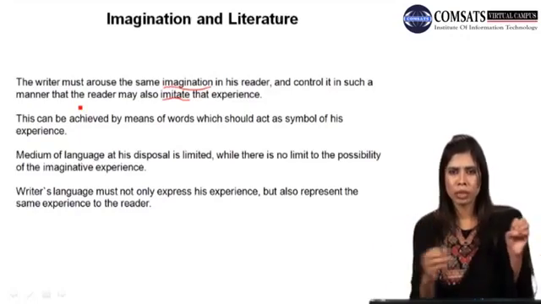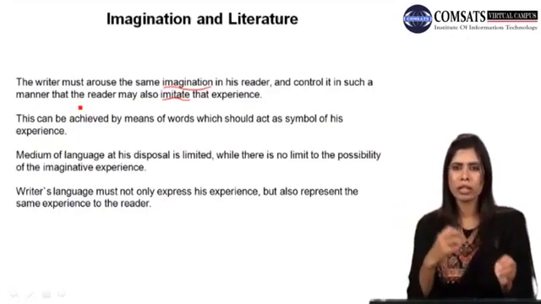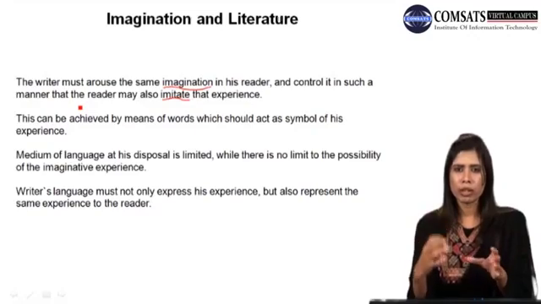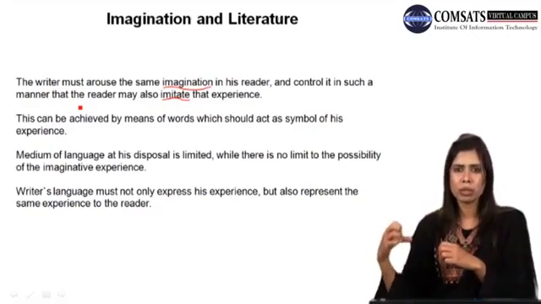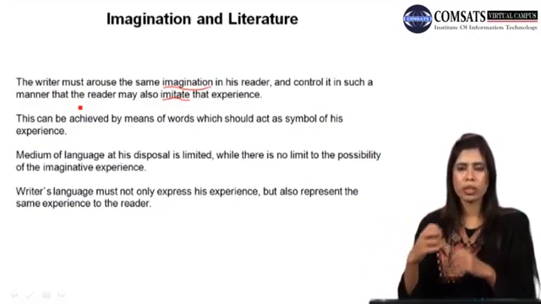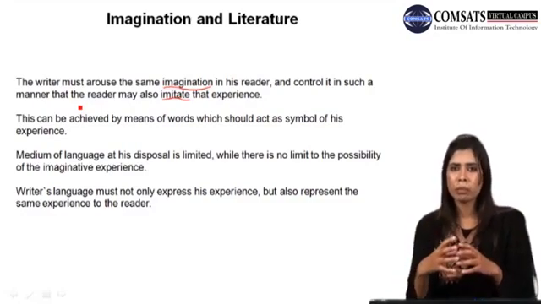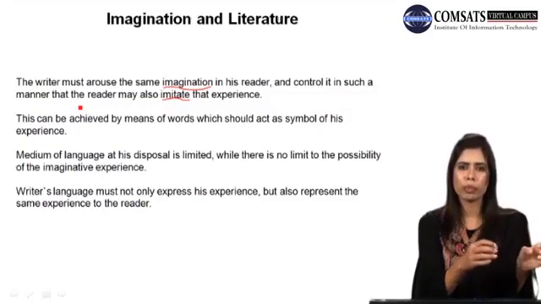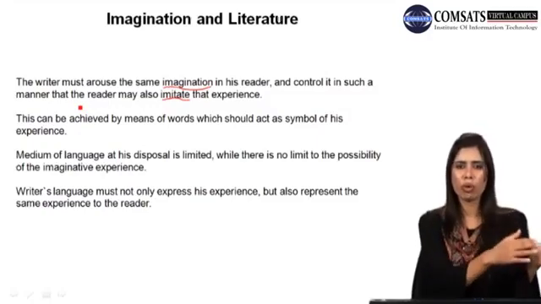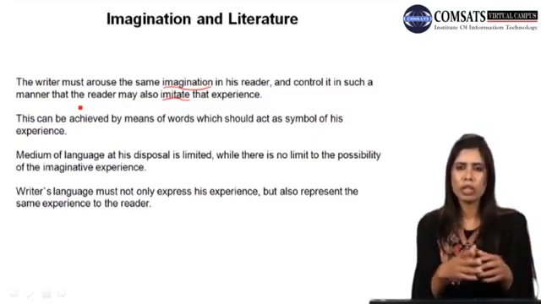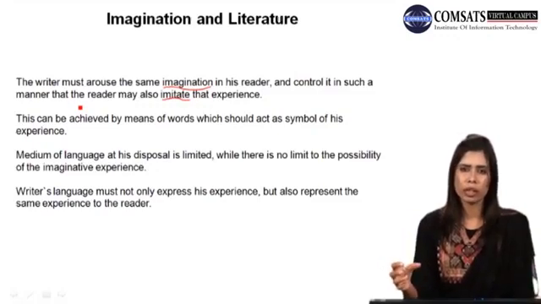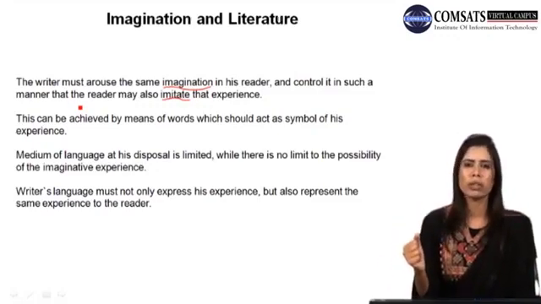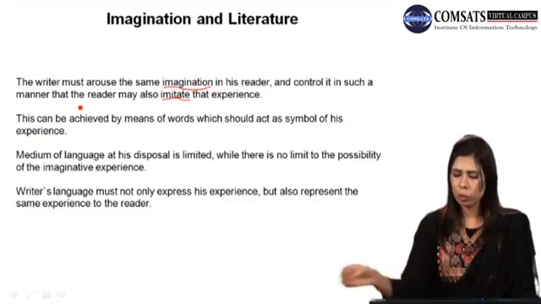Both things go simultaneously. One thing is the expression of the experience, and the other is the representation of experience, which is very important. If you want your reader to feel the true essence of your writing, then you have to represent your experience in a quite good way.